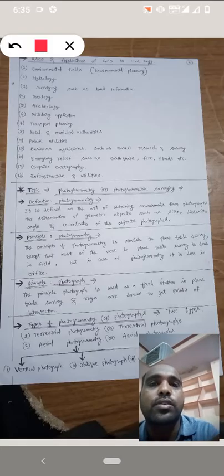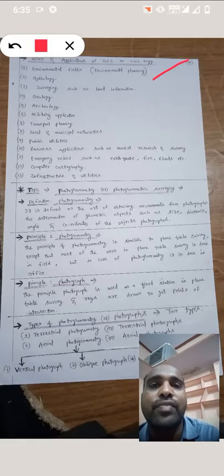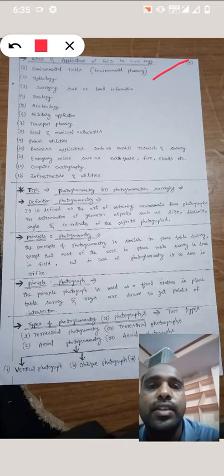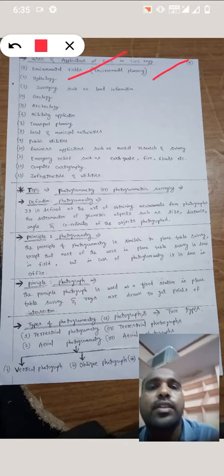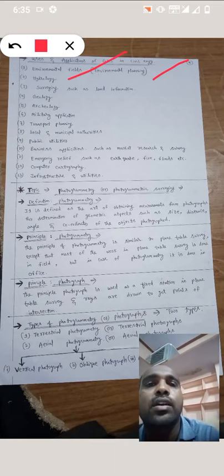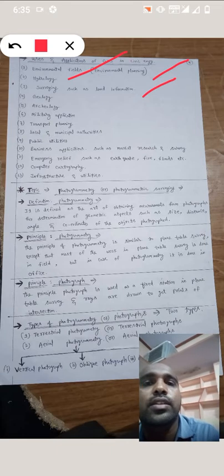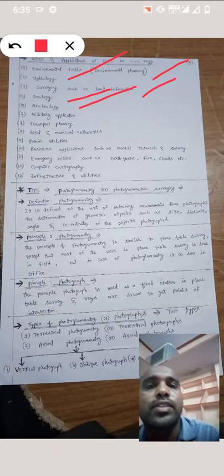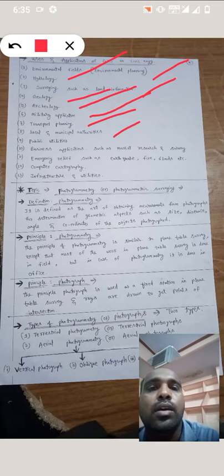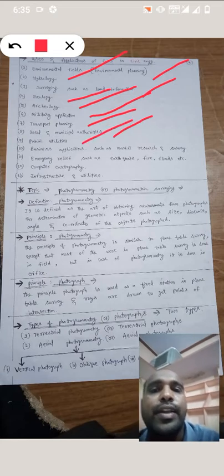First use and application is environmental fields or environmental planning. That is the first use of GIS. Next hydrology, next surveying such as land information. Next geology, archaeology, military applications, transport planning, local municipal authorities, public utilities, and business applications such as market research surveys.